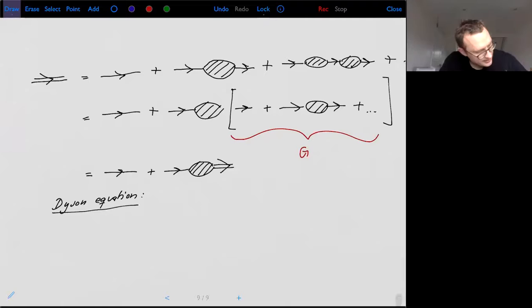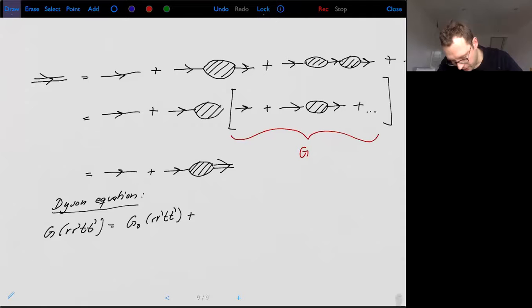It basically says that the interacting Green's function is given by the non-interacting one plus, and now again I have to use my Feynman rules, I have to integrate over these intermediate points, R1, T1, R2, T2. So I have to integrate over those.